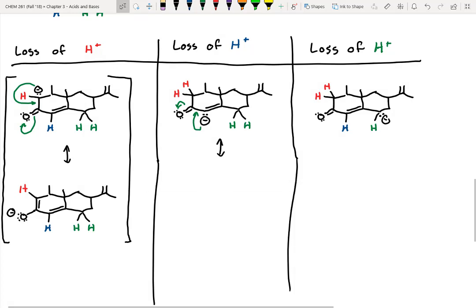Same sort of idea as before, but let's take a look at this structure this time. Okay, so we're going to move this negative charge over here. Let me change these to regular electrons. We don't have this blue proton anymore in this structure. We have a pi bond there. We have a pi bond there.